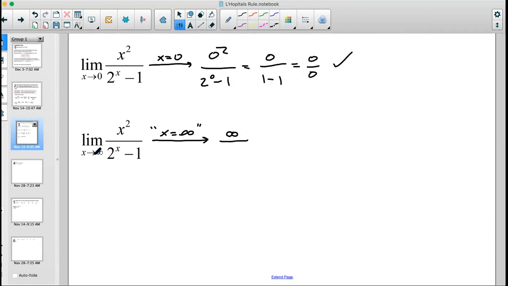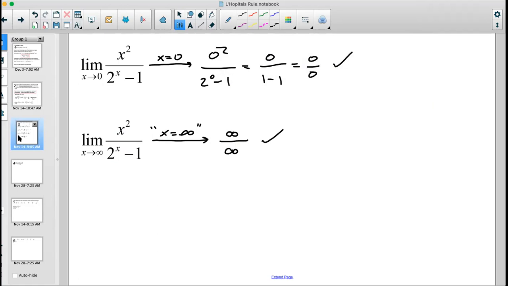In the bottom here, as x gets very, very large, 2 to the x also gets very, very large. Anything like 2 to the x minus any number is always going to approach infinity. So this is like 2 to the millionth minus 1, or 2 to the billionth minus 1. That's basically 2 to the billionth. So it's infinity over infinity. If I wanted to evaluate that limit using L'Hopital's rule, I could try that at least, because it's infinity over infinity. And that is one of my indeterminate forms.